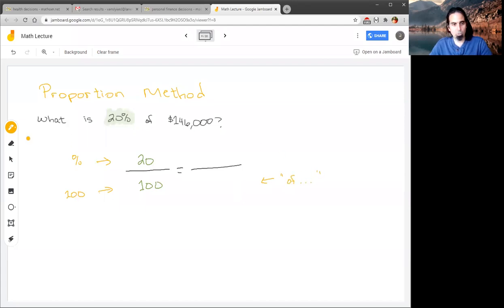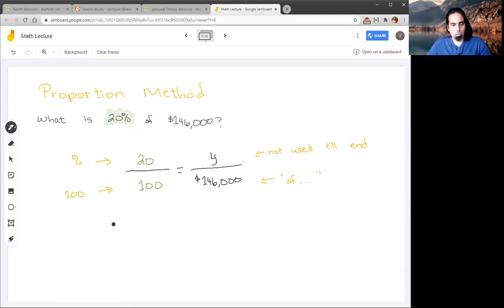In this case, it's the 146,000. And then there's something we haven't used yet, and that goes on the top. And in this case, it's the what. So you set it up like a proportion using that process: percent over 100 on one side, and on the other side, the thing that comes after of on the bottom.